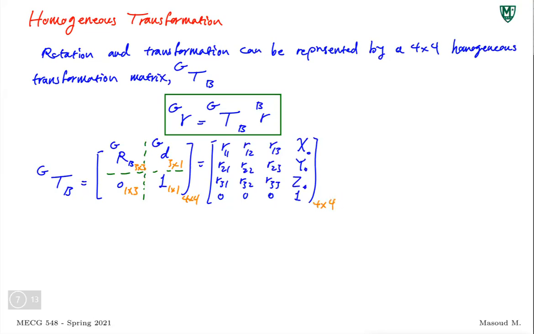Now in this matrix, there's nothing you don't know. There's everything there you already know. This is your rotation matrix from before.